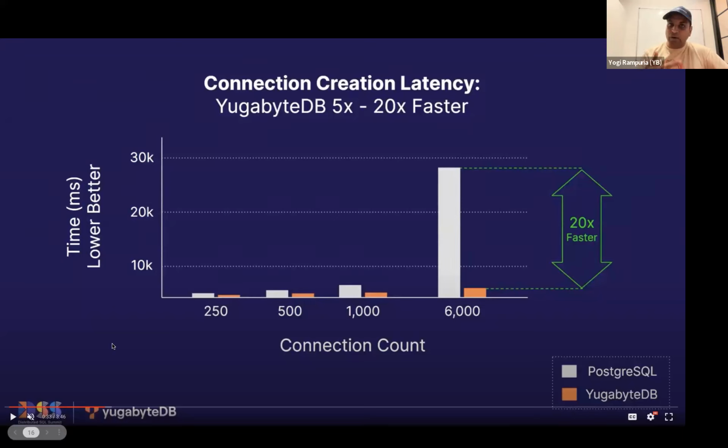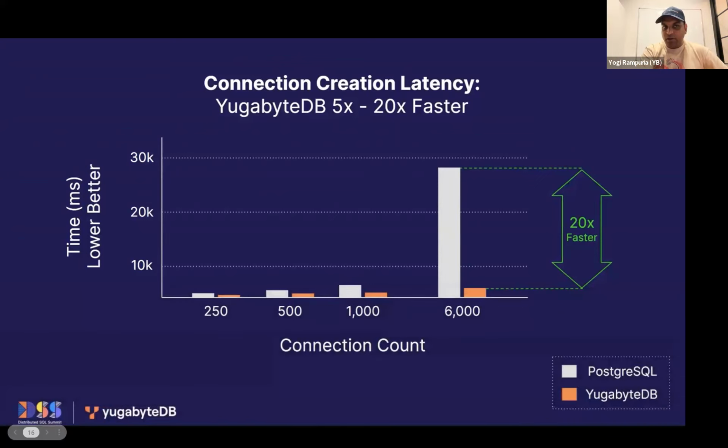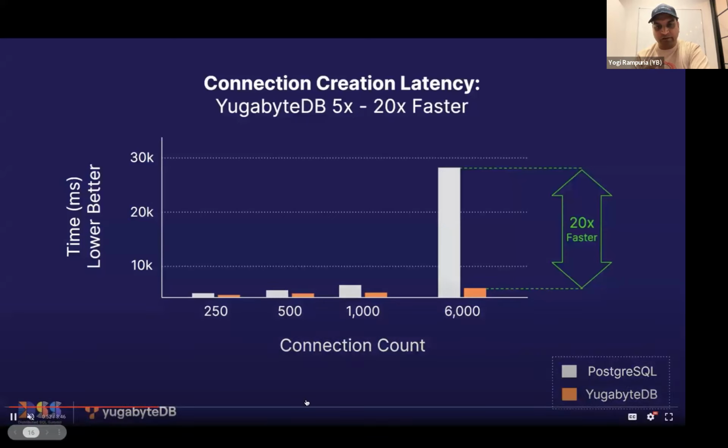And that is because of the new connection manager that we have introduced. So we create connections faster, plus we support a larger number of connections than the regular RDS Postgres.